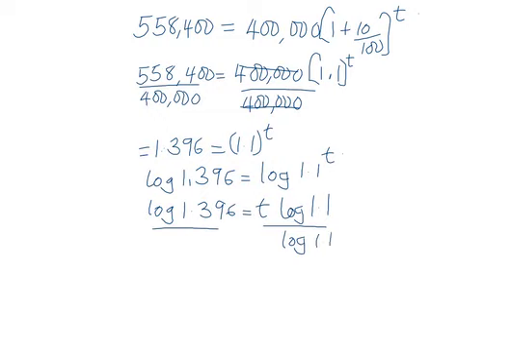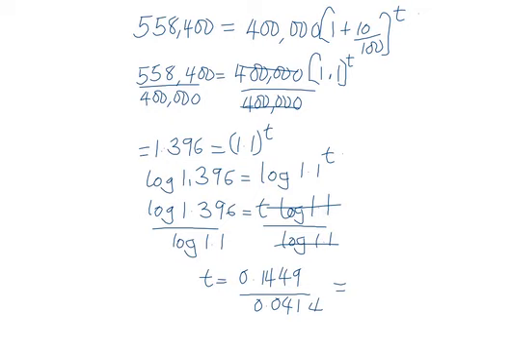We divide by log 1.1. So the value of t will be equal to the logarithm of 1.396, which is 0.1449, divided by logarithm of 1.1, which is 0.0414.